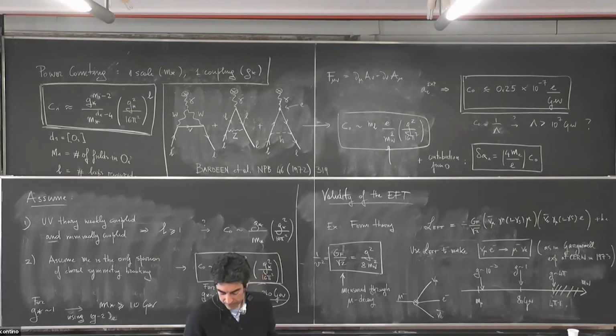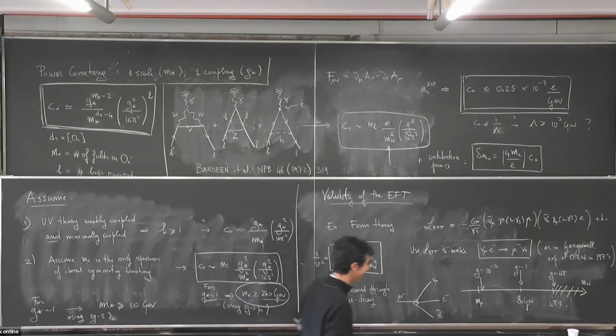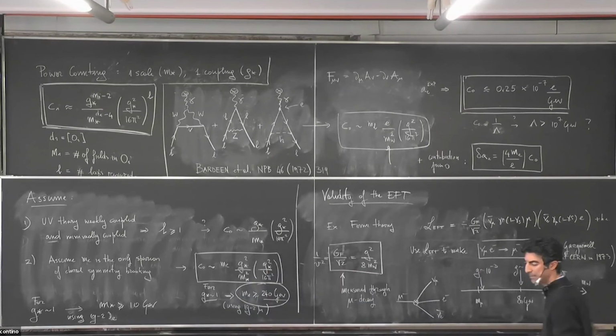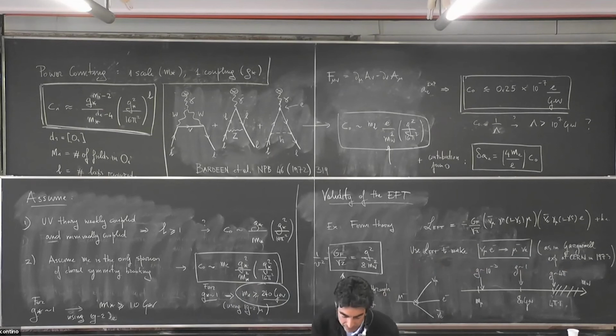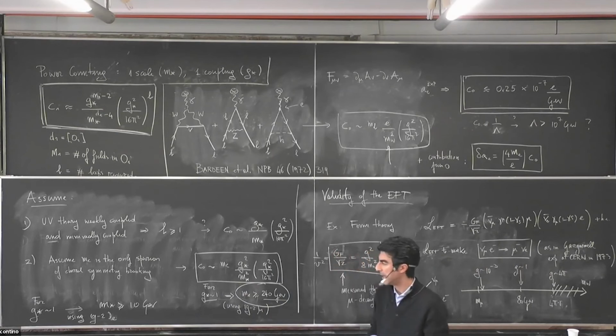Now I wanted to talk extensively about the standard model as an effective theory. Given that I have maybe 15 minutes, I will inevitably be faster, and let me tell you very few things. The first thing is, why do we need to consider the standard model as an effective theory?